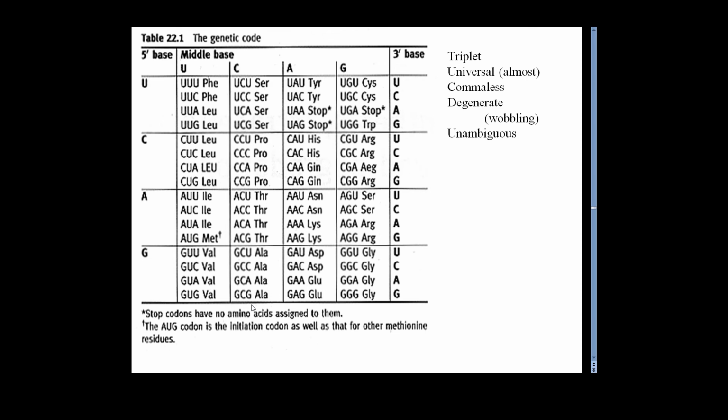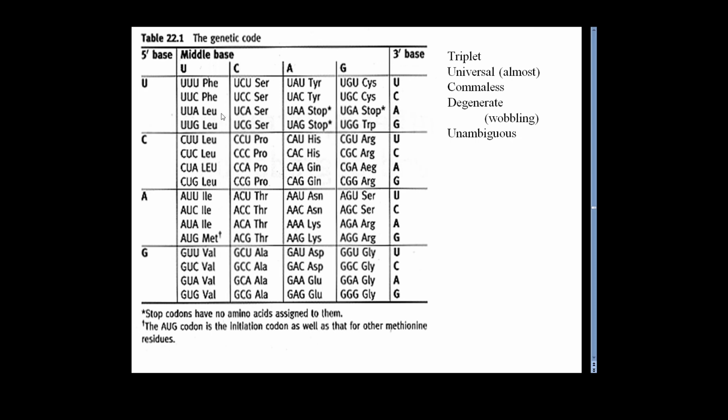Sometimes more than one triplet usually codes one amino acid. Only 2 amino acids are coded by a single triplet: AUG by methionine and UGG by tryptophan. Others usually 2 or 4 and sometimes 6, for leucine. It is called degenerate code.